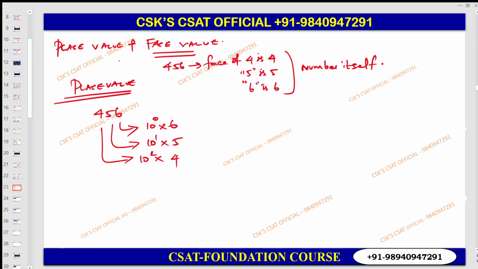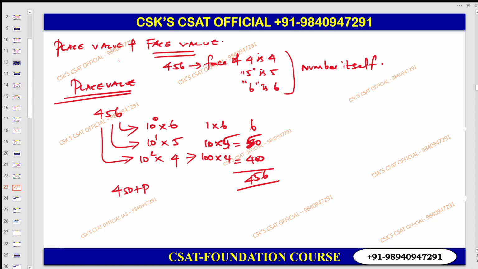So this is nothing but 100 into 4, 10 into 5, and 1 into 6, therefore 400, 50, 6, right? 456. How can you write this here? Can we write this 456 as 450 plus 6? Can we write?